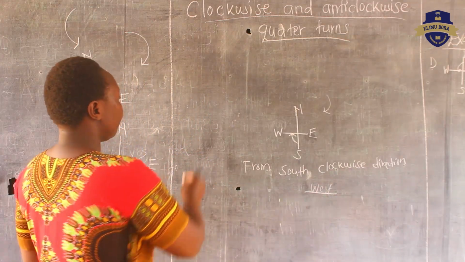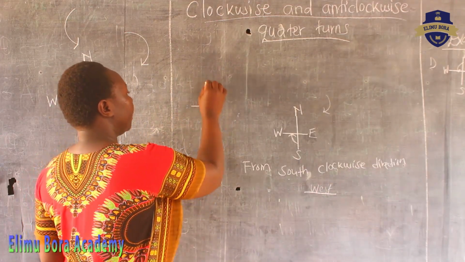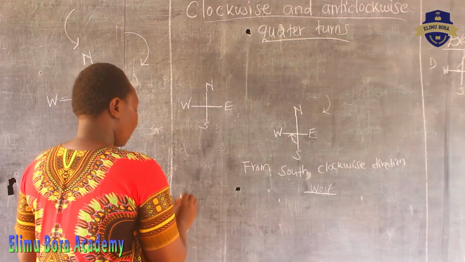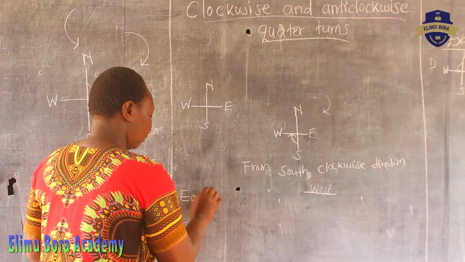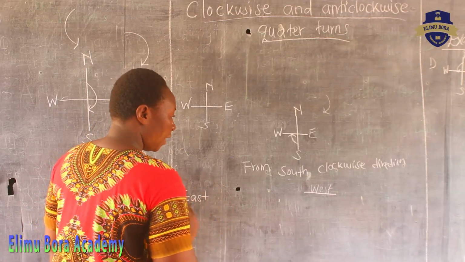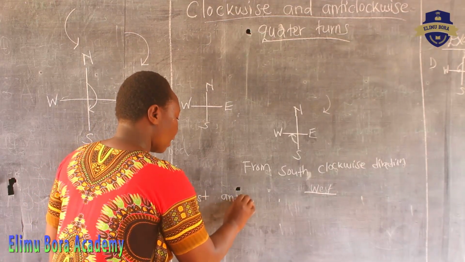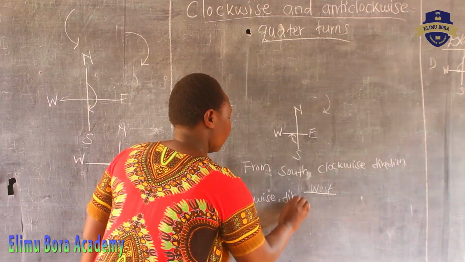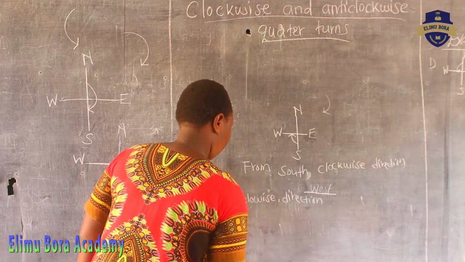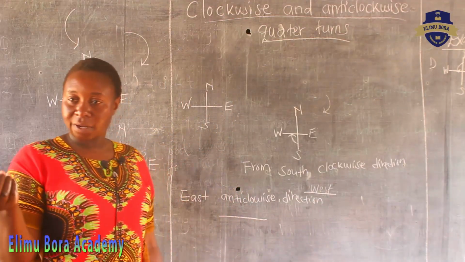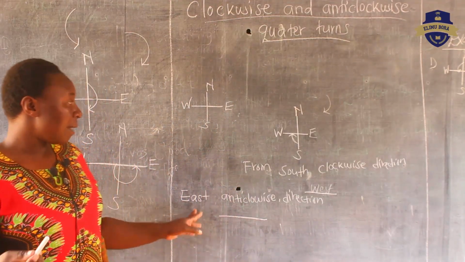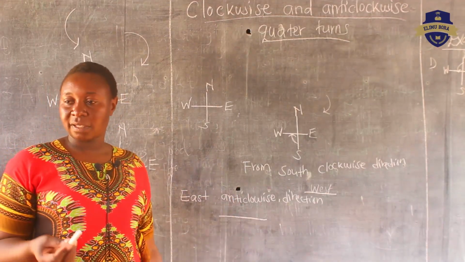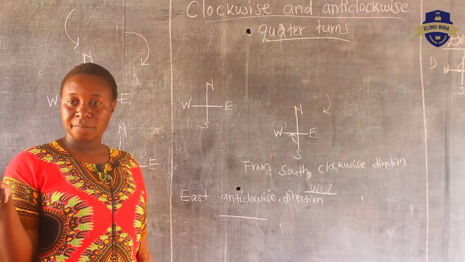That is good. Another person to come. This time should be a girl, standing at the east, moving anti-clockwise. Any girl to come and stand in the east, make a quarter turn anti-clockwise.